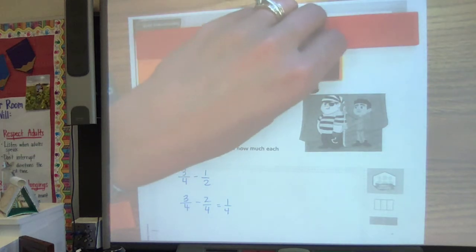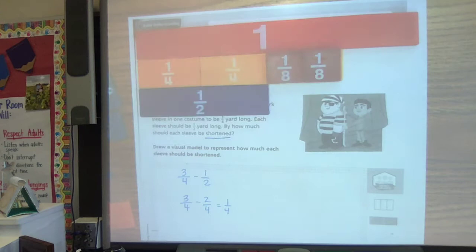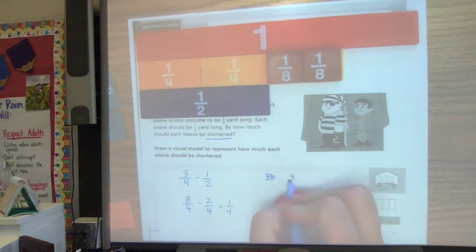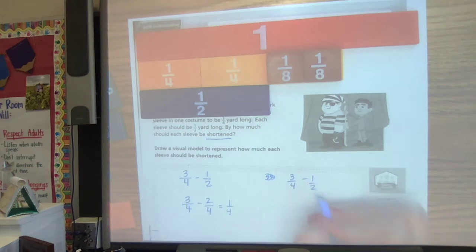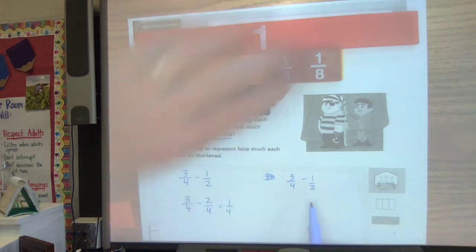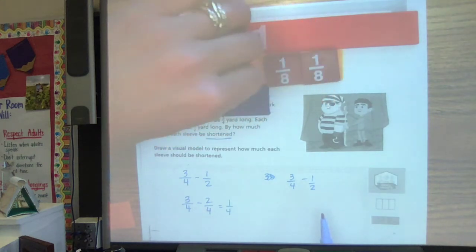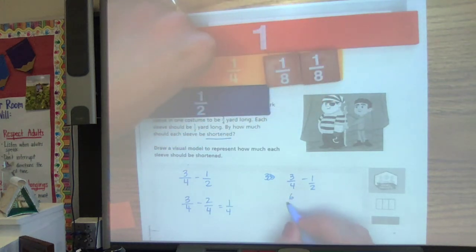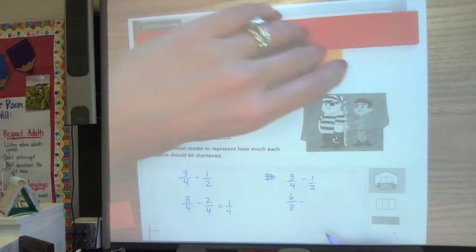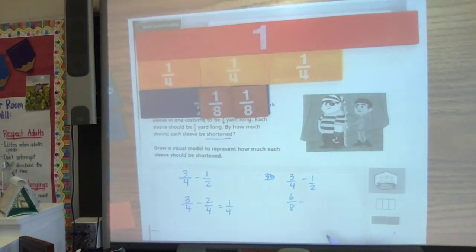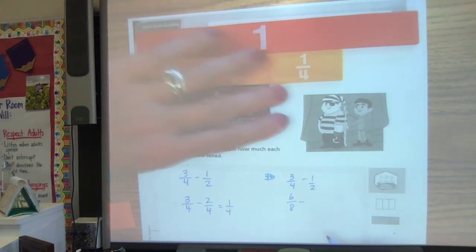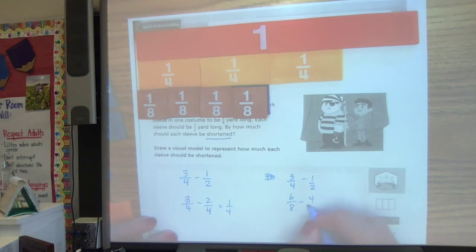We know that 2/8 is equivalent to 1/4. So if I have that, right here, 3/4 minus 1/2. If I know that there are 2/8 in 1/4, 2, 4, 6/8 would be in 3/4. And I know that 1, 2, 3, 4/8 is equivalent to 1/2.